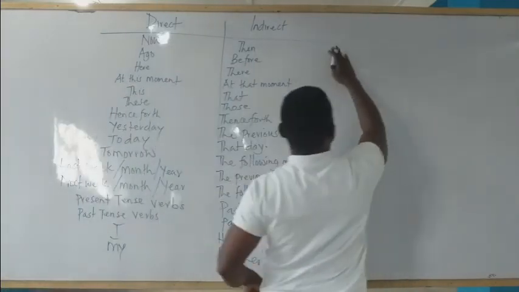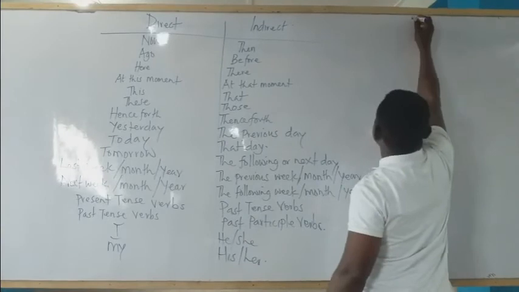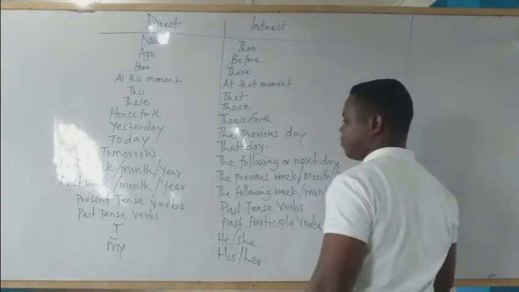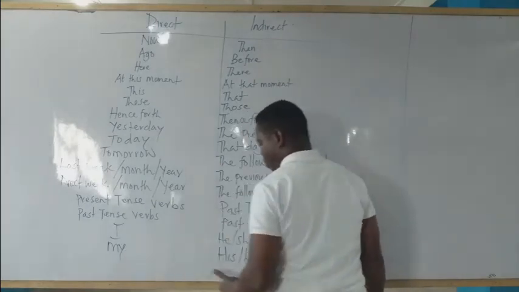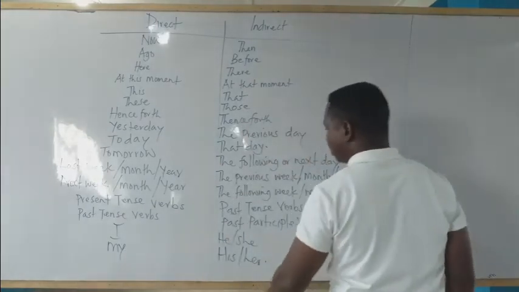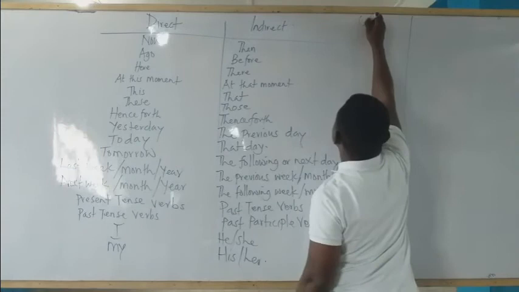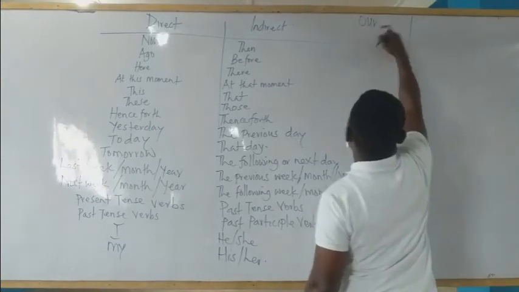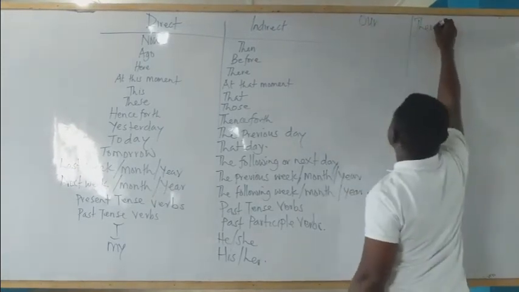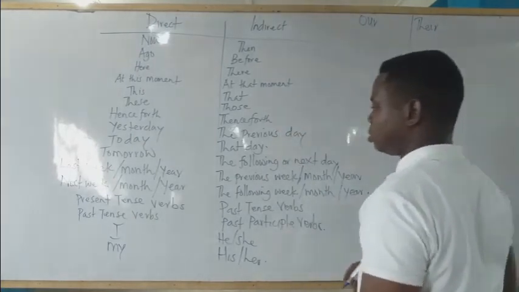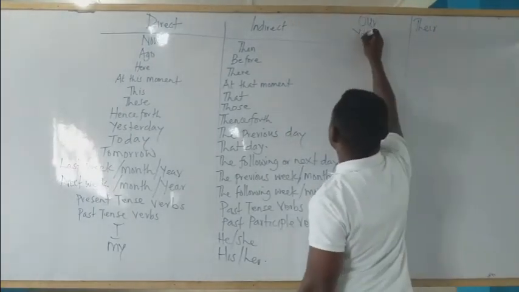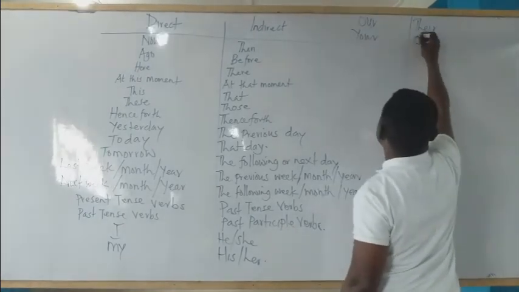Yes. Then others include other changes that will take place. You see? We have "I" becomes what? He or she. Mine becomes what? His or her. We have "our" in direct. Our becomes what? Their. Your becomes what?